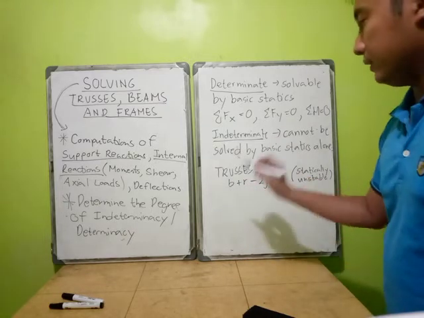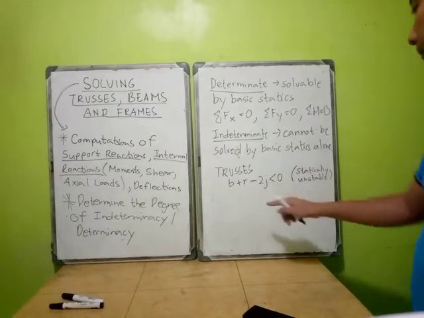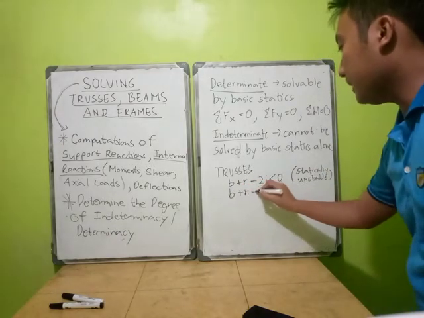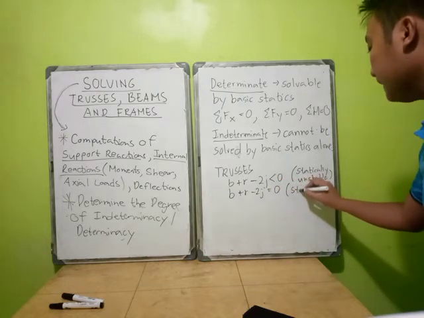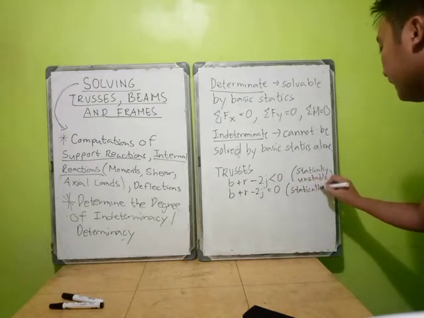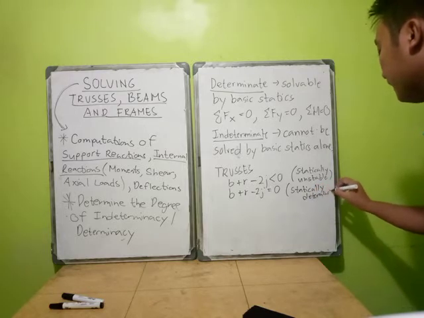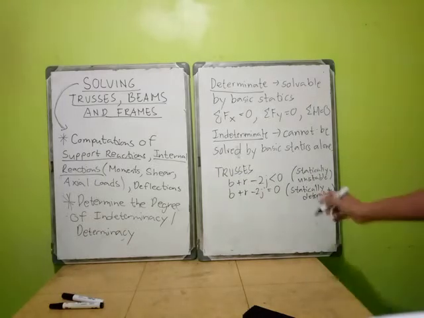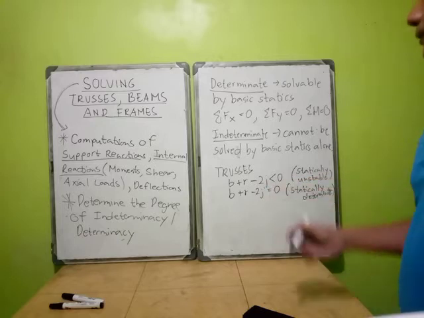And then, kapag B plus R minus 2J mo is equal to 0, then it would be statically determinate. Yan. Ibig sabihin, statically determinate siya kapag B plus R minus 2J is equal to 0.